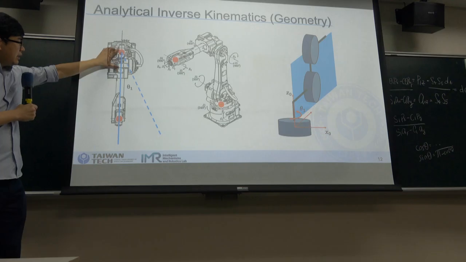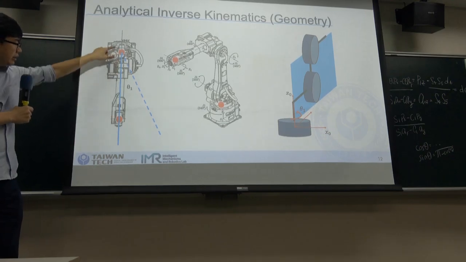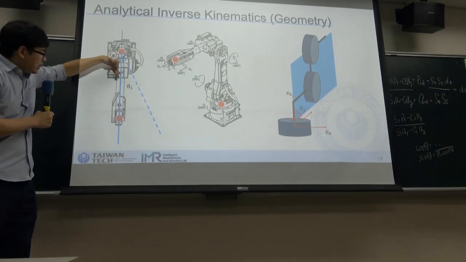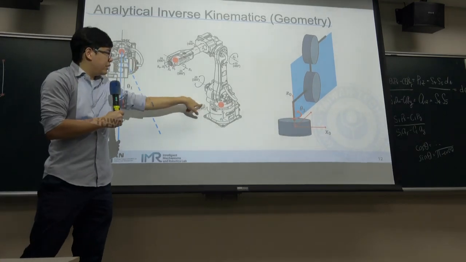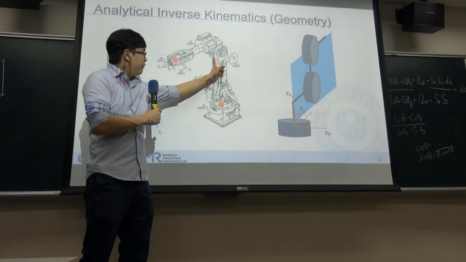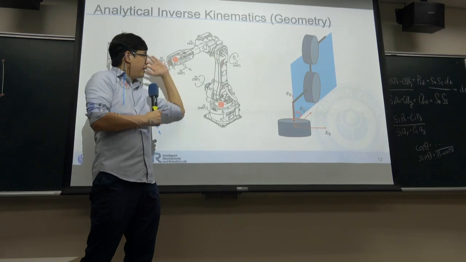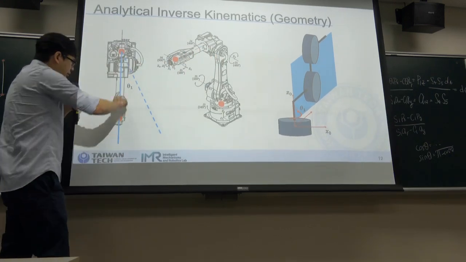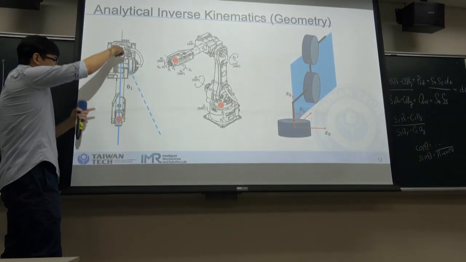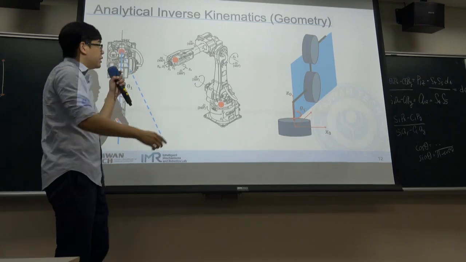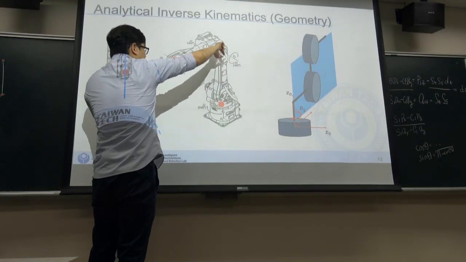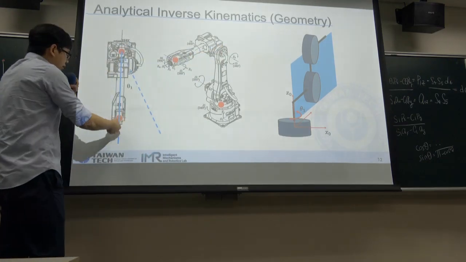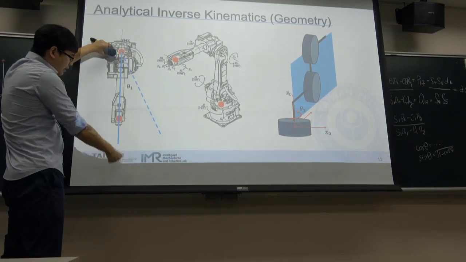From this point to here, the only joint that can affect this rotation is joint 1, because joint 2 only affects this direction, so it affects the length of this line, the distance of this point. And joint 3 also rotates in this direction, so it also affects the length.